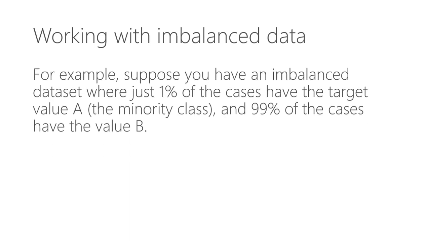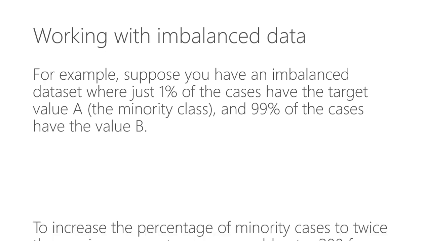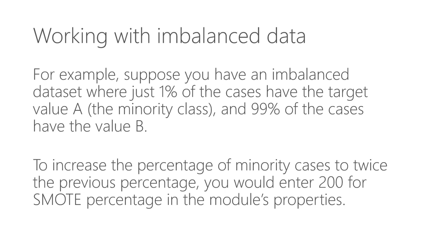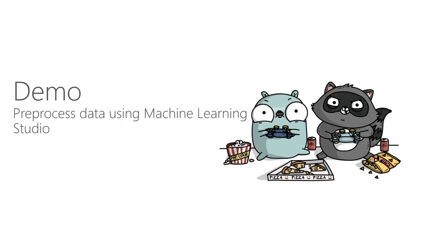For example, suppose you have an imbalanced dataset where just 1% of the cases have the target value A, the minority class, and 99% of the cases have the value B. To increase the percentage of minority cases to twice the previous percentage, you would enter 200 for SMOTE percentage in the module properties.